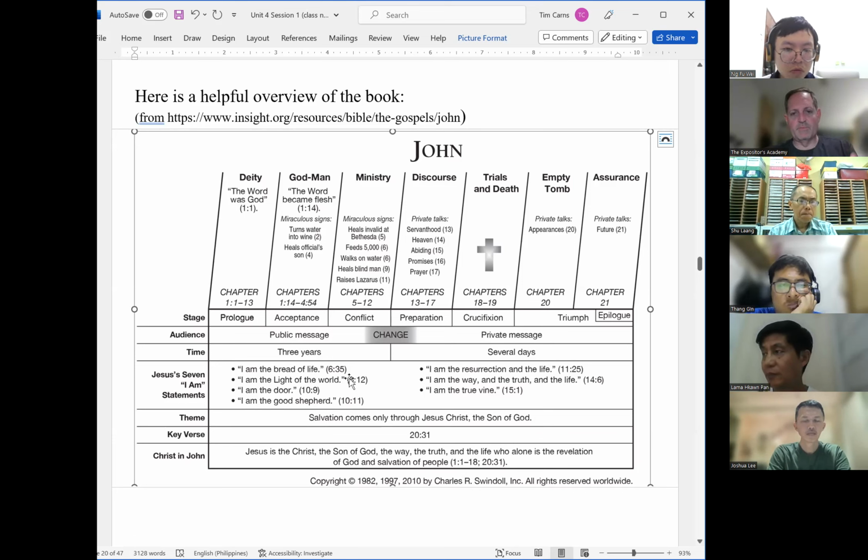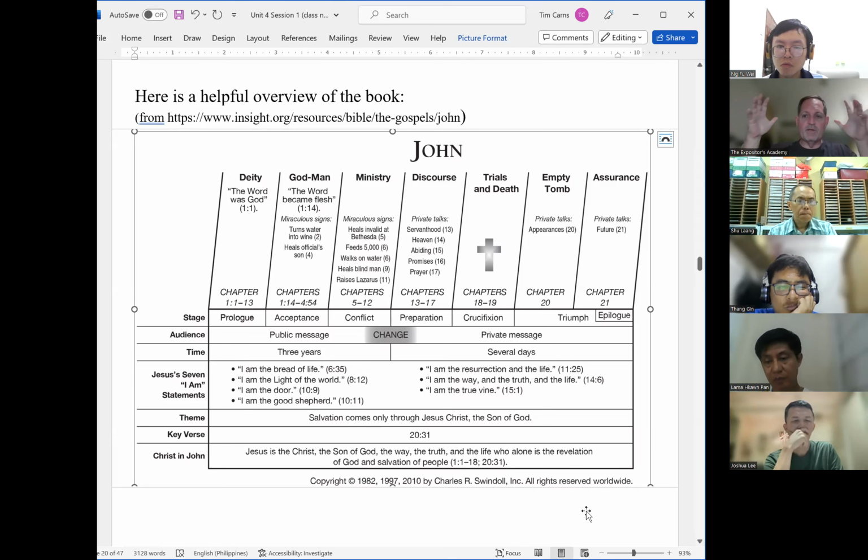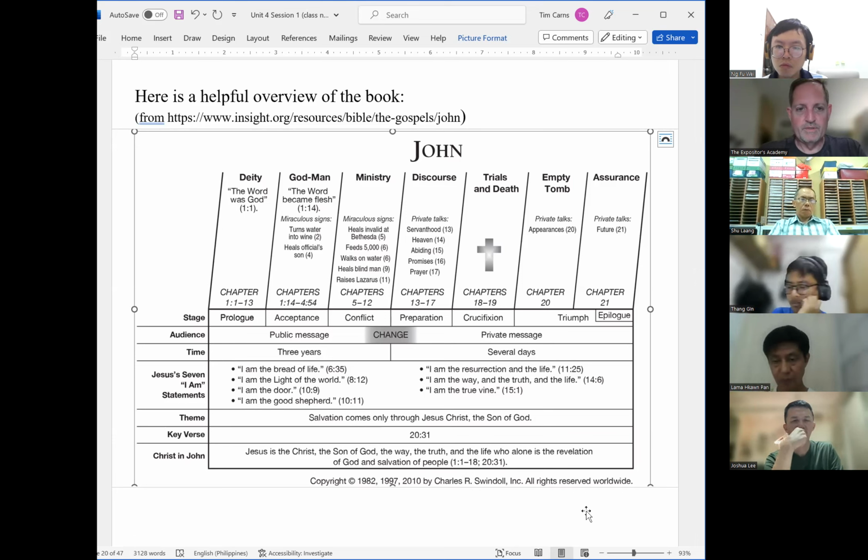But what's nice about this is being able to sort of see the whole book at one time and see how it's connected, how it's linked together, what the structure of the book is. You want to be able to do that so that shows that you have an understanding of the book as a whole, and then you want to know, how does my story fit here? Where is it in this flow of the book?